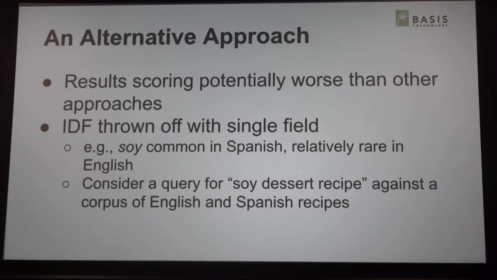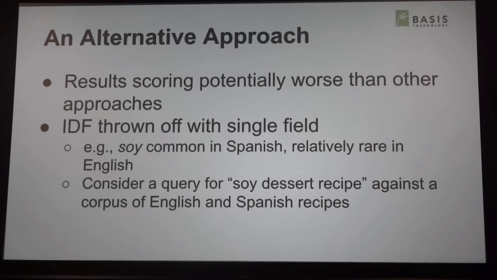So I want you to consider what happens when you have a corpus of, say, English and Spanish food recipes, and put your vegan hat on and imagine that you're querying for soy dessert recipes. Generally, if you were issuing this query against only English, there's this concept of IDF, which means inverse doc frequency, which basically says that if a word is uncommon in my corpus, then a match against it is more meaningful in my results.